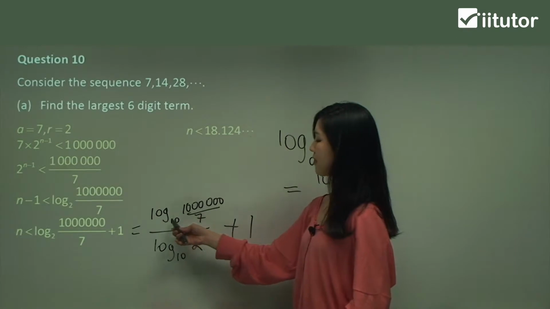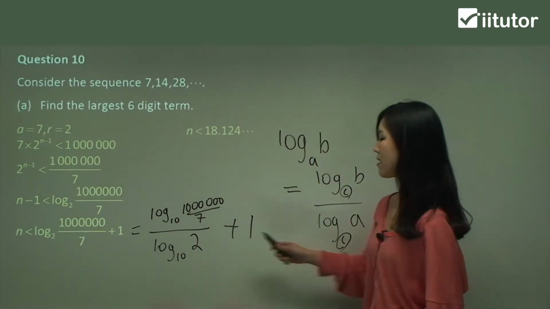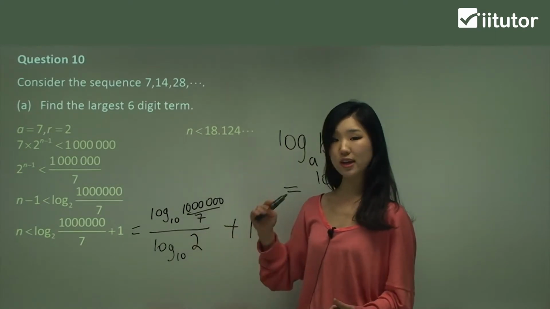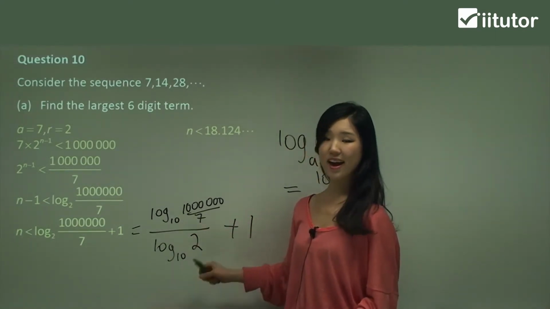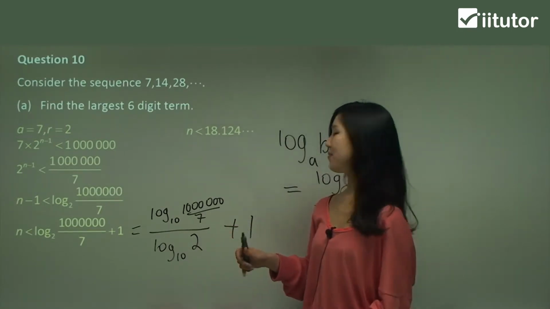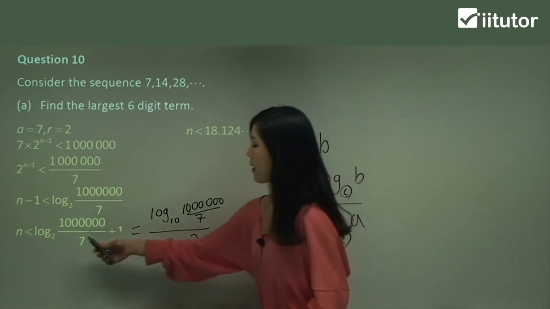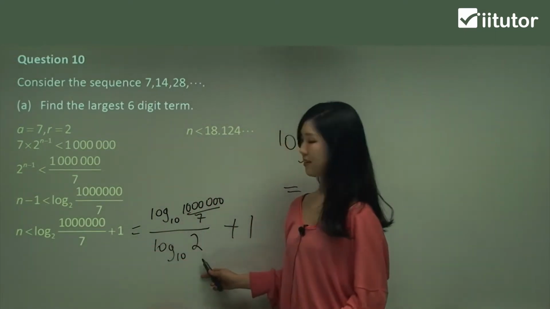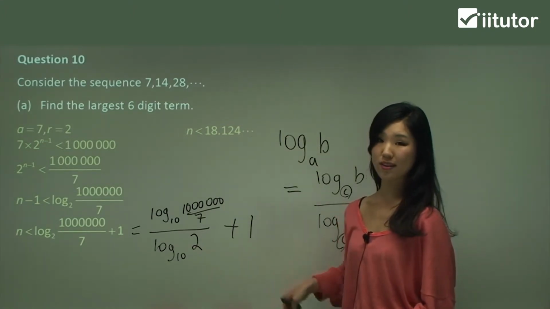See, I decided to make my c, and you can make your c whatever you want, 10, because there is a log 10 button on the calculator. So I can just type it in the calculator, can't we? This number goes on top, the base 2 goes on the denominator like that, and then we simply plus 1. All you need to do now is put it in your calculator.